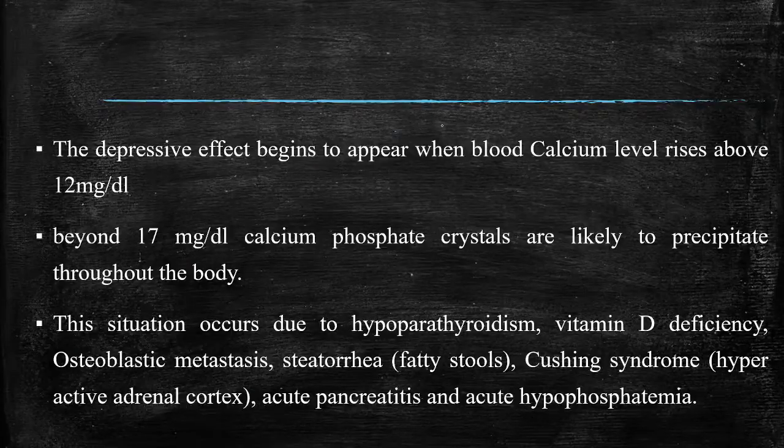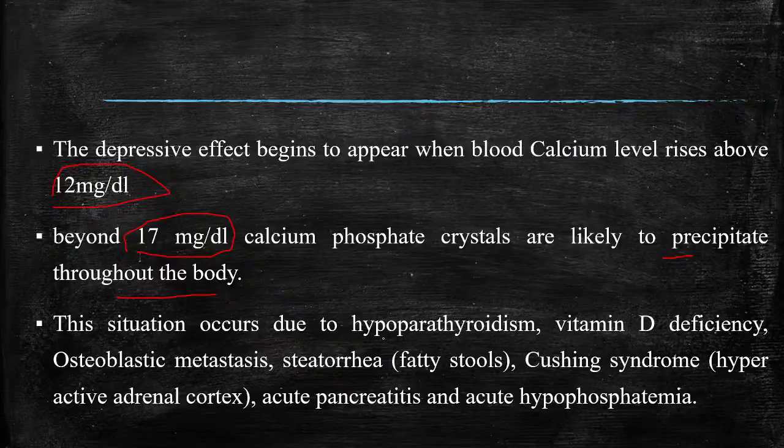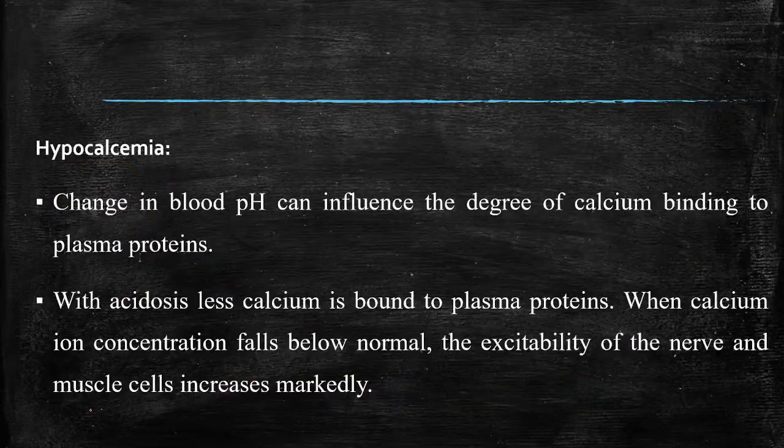Okay, so the depressive effect begins to appear when blood calcium level rises above 12 milligram per deciliter, and beyond 17 milligram per deciliter, calcium phosphate crystals will precipitate throughout the body. So this situation occurs due to hyperparathyroidism, vitamin D excess, osteoblastic metastasis, steatorrhea, Cushing syndrome, acute pancreatitis, and acute hypophosphatemia. Okay.